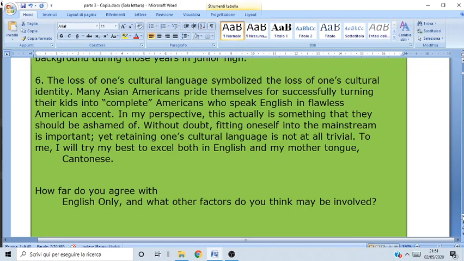But I ask you to give me a brief comment about what you think about the English-only movement. What are the pros and what are the cons? And what other factors do you think could be involved in how these kids felt?